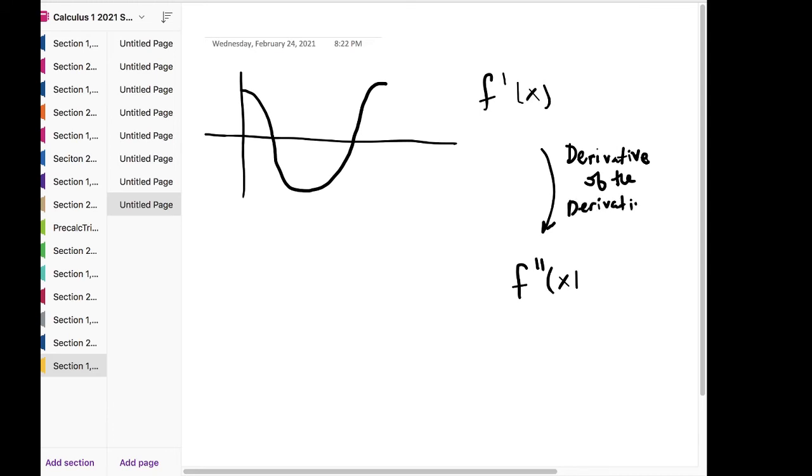It's perfectly fine to do. Okay, where are the zeros of the derivative here? If any?